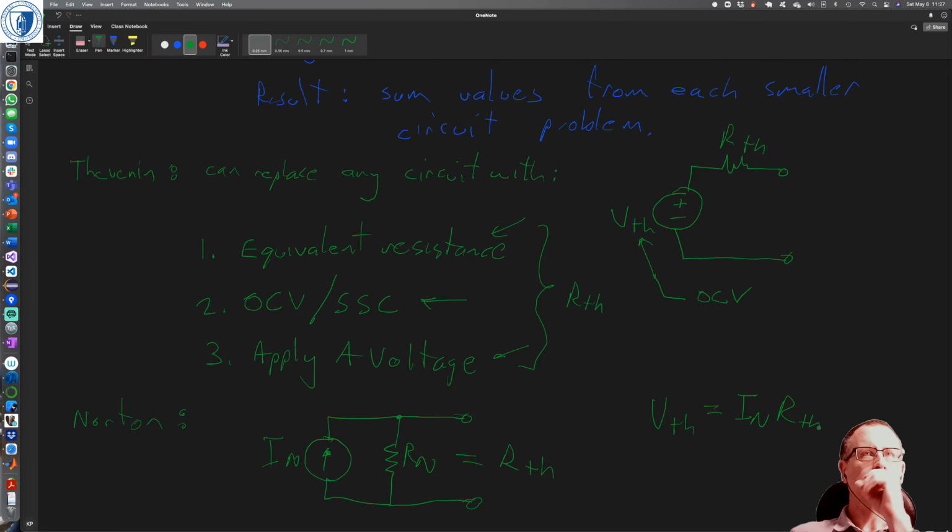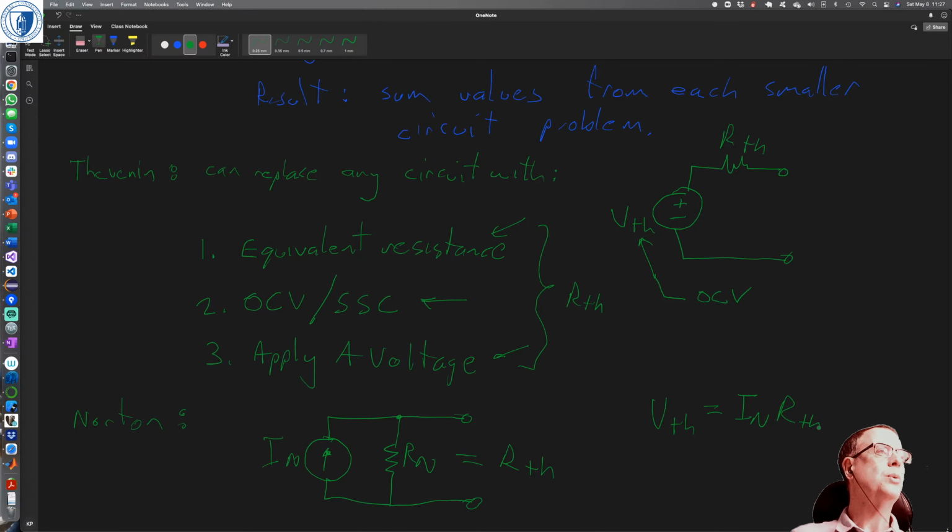The upshot of Thevenin and Norton's theorems is we can replace parts of a circuit with one or the other thing, right? If we have a circuit that has a voltage source in series with a resistor, we can replace that with a current source in parallel with the resistor, with the same resistor. Okay?